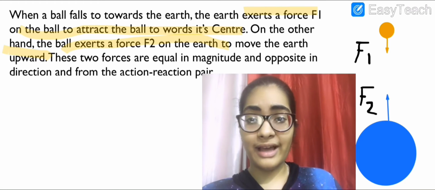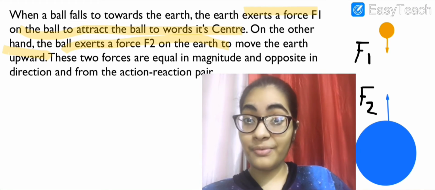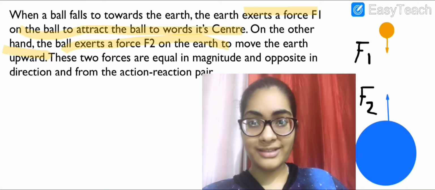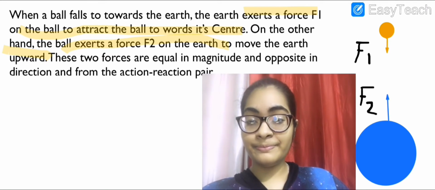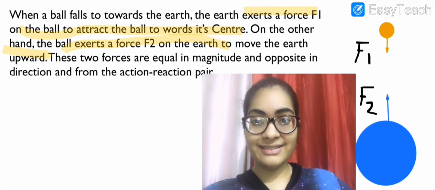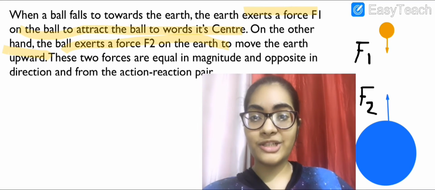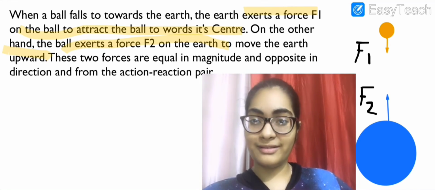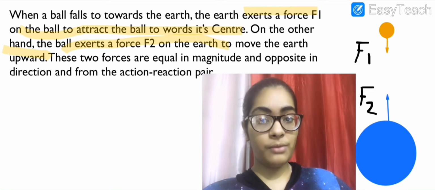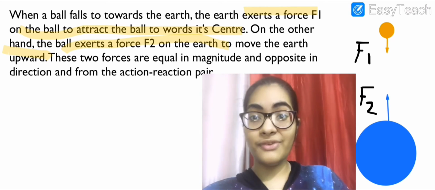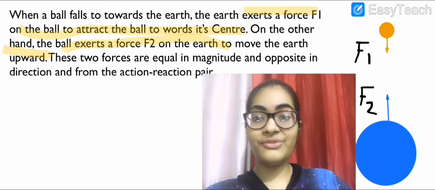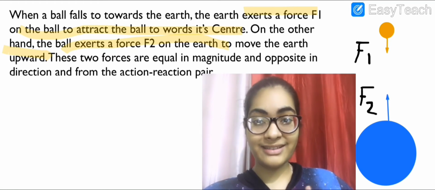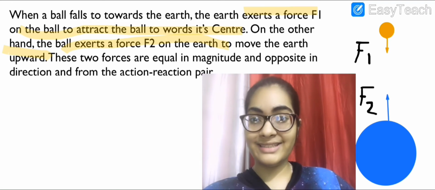Has the earth ever moved upwards because of the ball? No. Can you tell me why? The mass of the earth is much larger than that of the ball, right? So more mass means more force. Ball will move towards the earth and not the earth towards the ball, right?